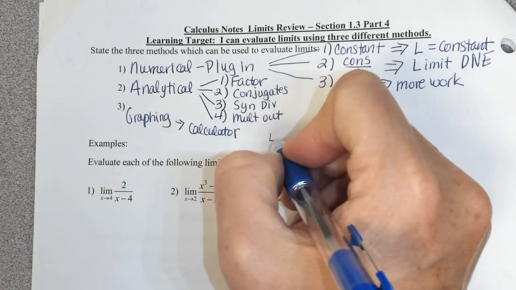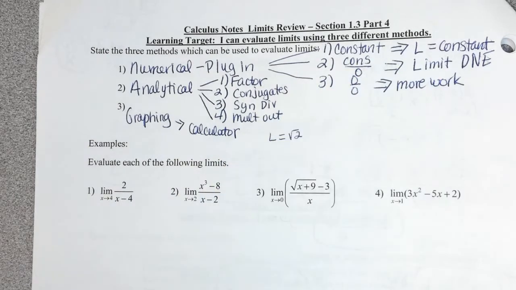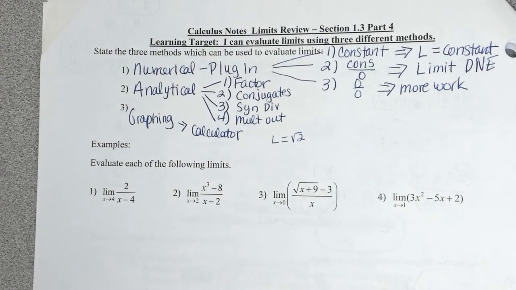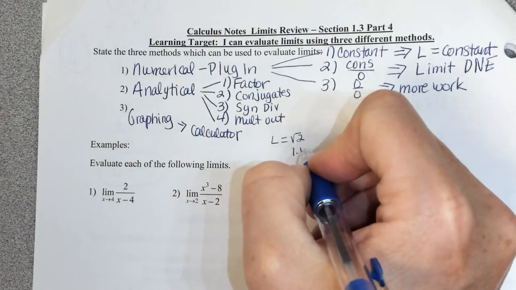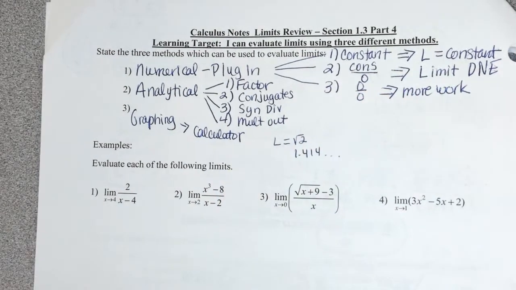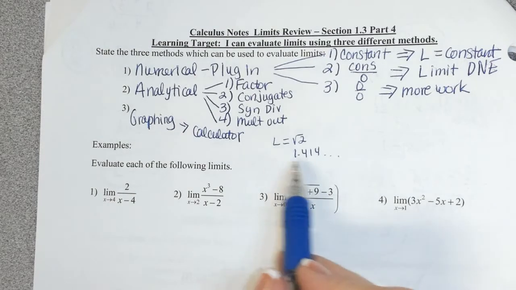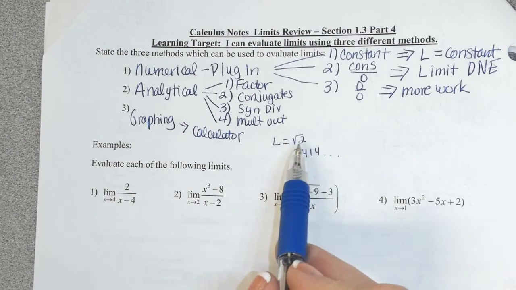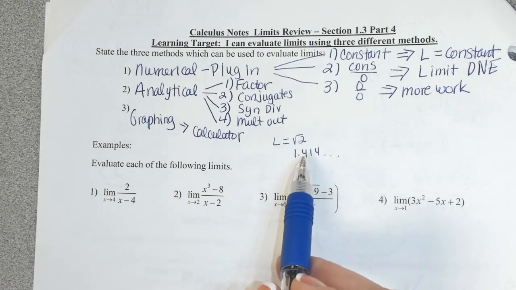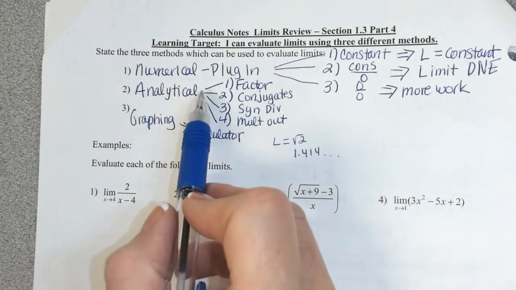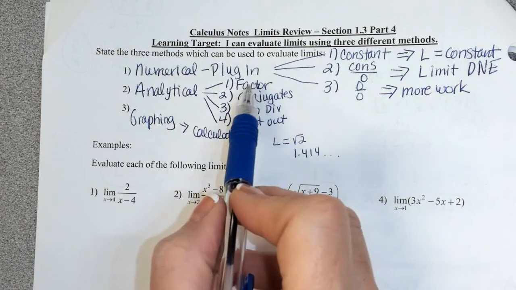Suppose the limit answers radical 2. You have to give me the exact answer. The calculator is going to tell you that it's 1.414... So the calculator is going to tell you this is your limit, but you have to give that answer. So you would lose a point because the directions would say give the exact answer. So that's why you have to know how to do problems analytically.